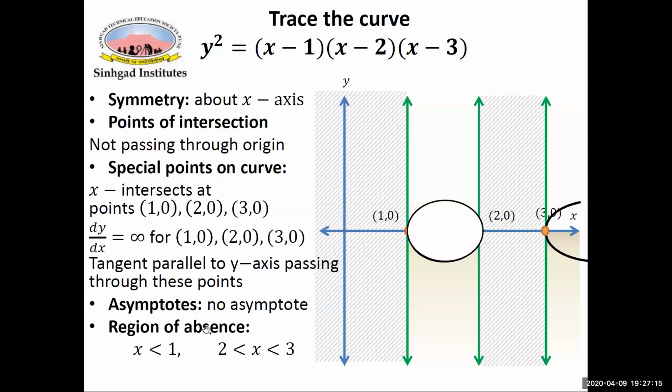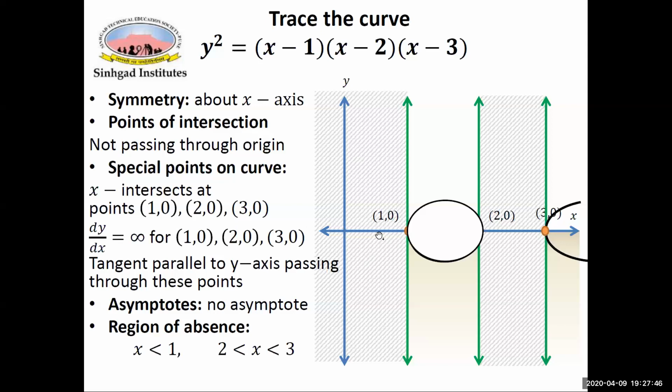Now the region of absence. In this case, I'll divide the plane again: minus infinity to 1, 1 to 2, 2 to 3, and 3 to infinity. For minus infinity to 1, if you put 0, your y square is minus 6, which is negative.